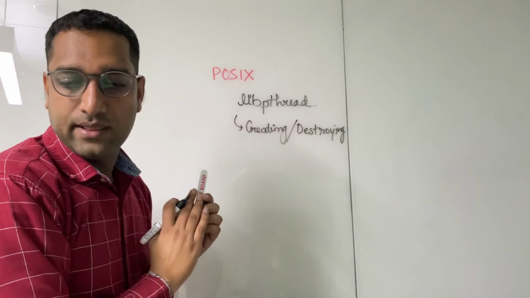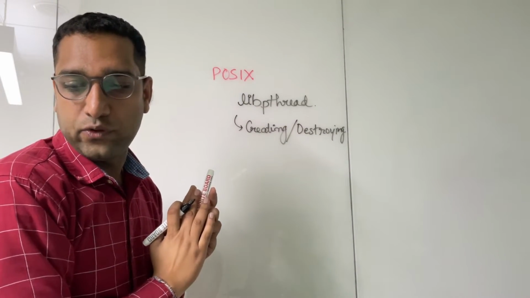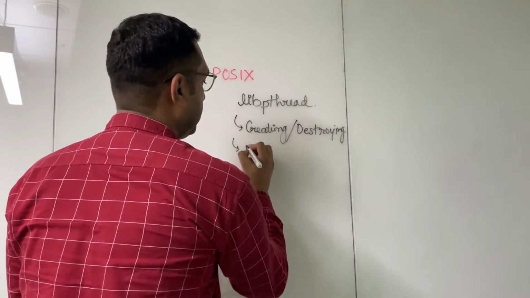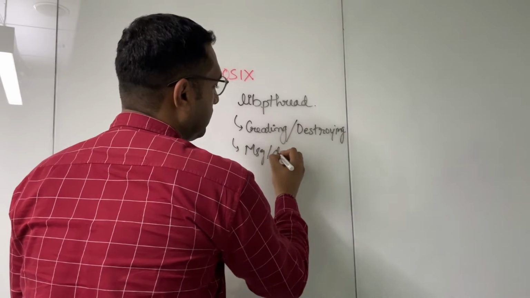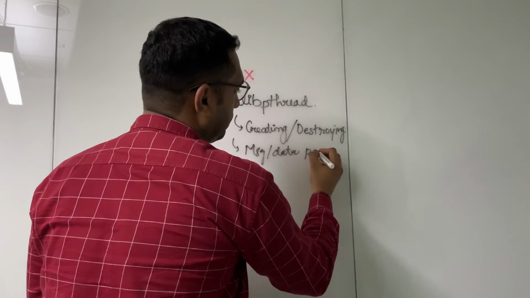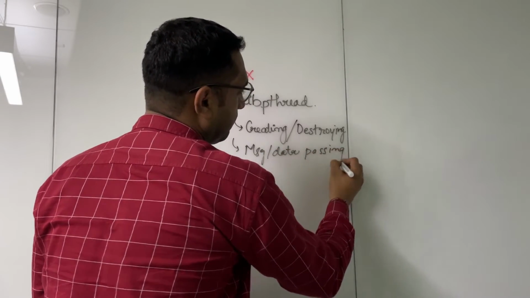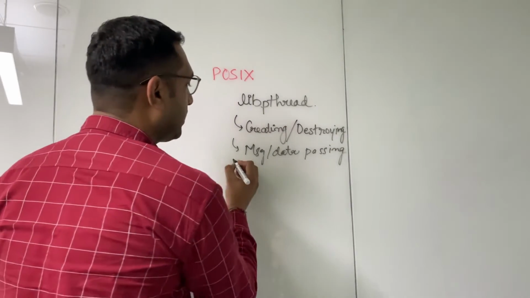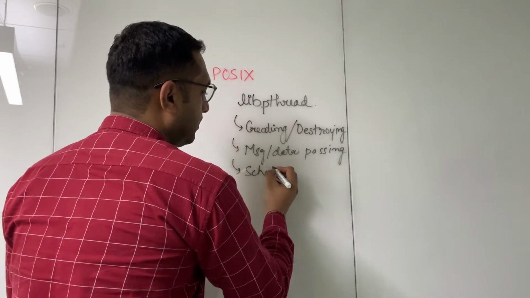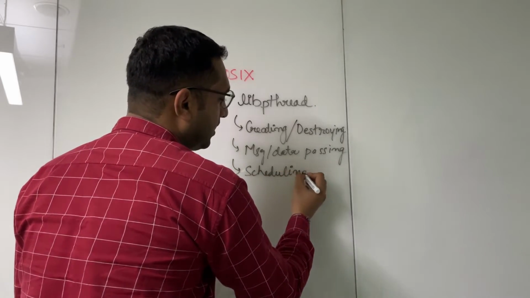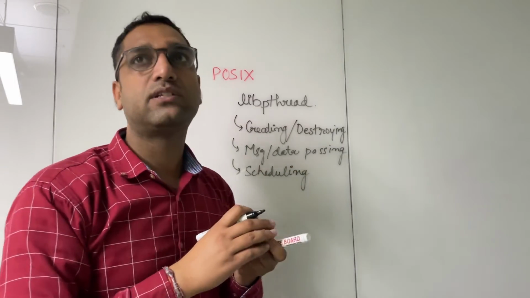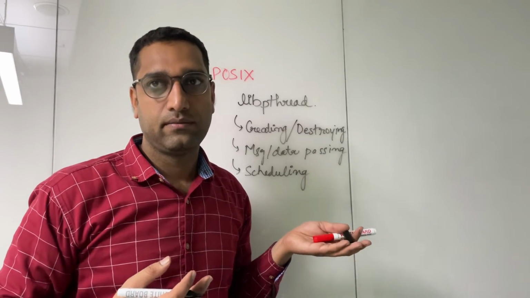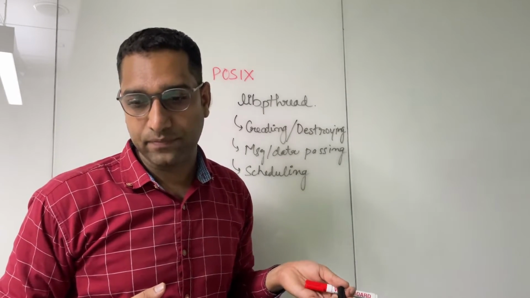Then we use them to pass messages or data between threads. Then scheduling: we can provide some parameters while creating a thread that define the scheduling priority of this particular thread, etc.